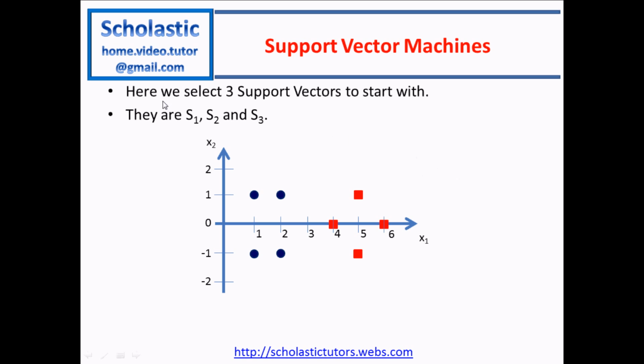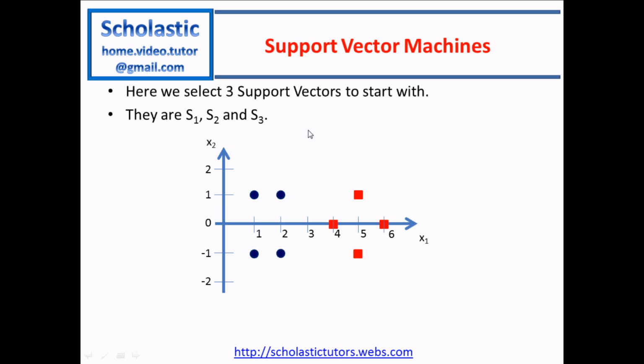Often support vector machines will use 3 or 4 support vectors to obtain the boundary. We'll assume that we are going to use 3 support vectors, namely S1, S2 and S3.